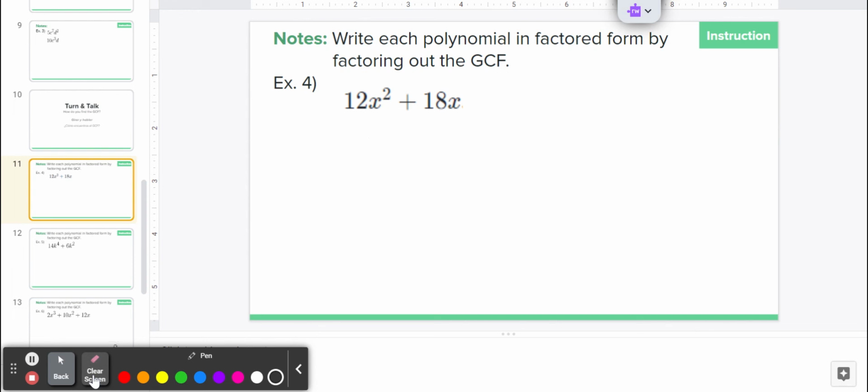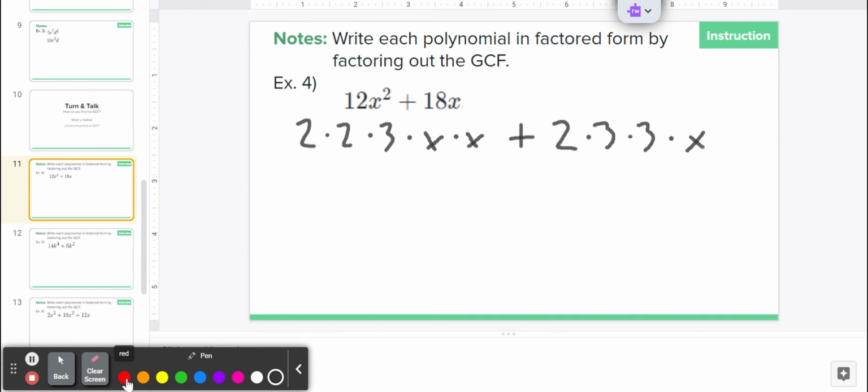So let me clear this out, and let's go 2 times 2 times 3, because our 6 can break down into 2 times 3. Then times x times x. Then we break down our second term, the 18x. Same thing, we could have 2 times 9, right? But then 9 is going to break down further into 3 and 3. So we'll have 2 times 3 times 3 times x.